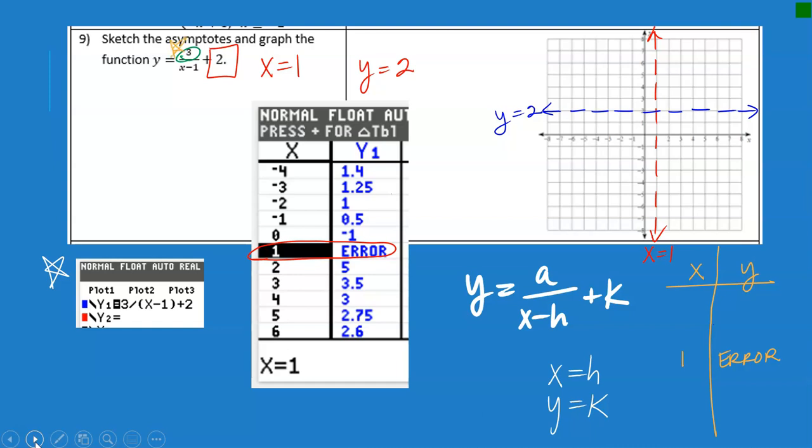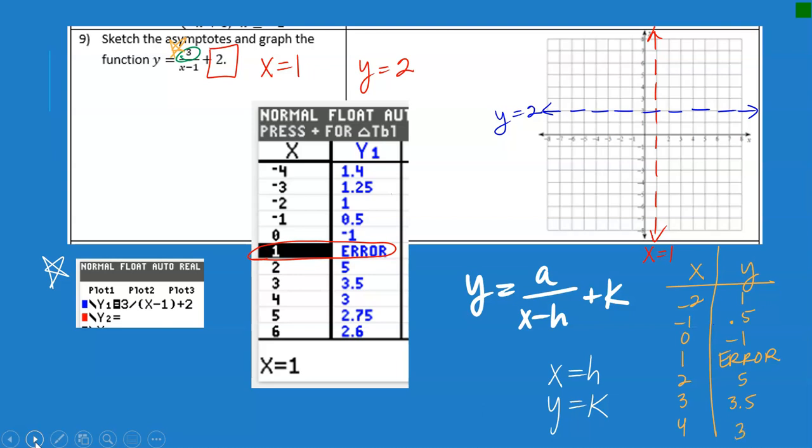So that means I would need 0, -1, -2, and then 2, 3, and 4. So 3 numbers above, 3 numbers below. And now I'm just going to copy them down from my table. So -2 is 1, and then 0.5 and -1. And then 2, 5, 3, 3.5, and 4, 3.